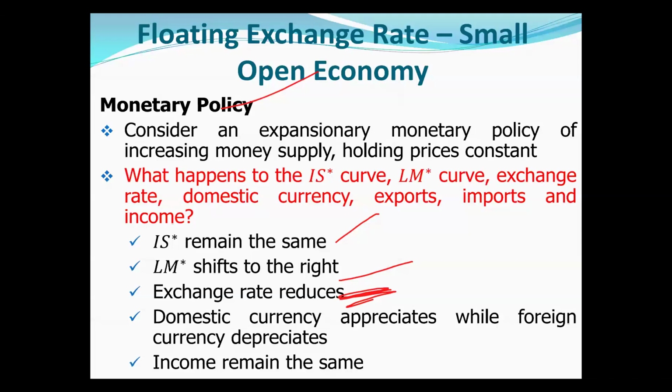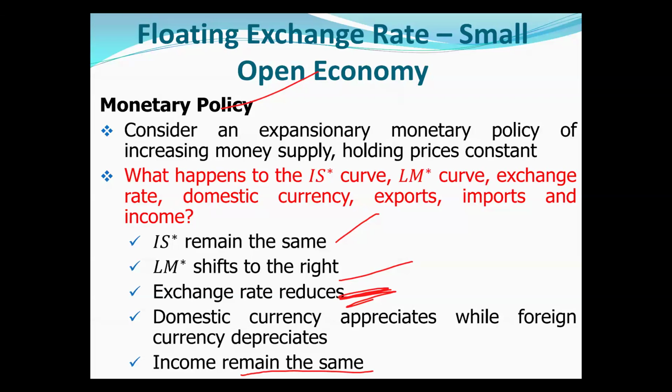And then when that happens, it's a monetary policy. Domestic currency again still appreciates, foreign currency falls, income remains the same. Don't confuse with what we were talking about previously. It was fiscal policy; now this is monetary policy. All right.